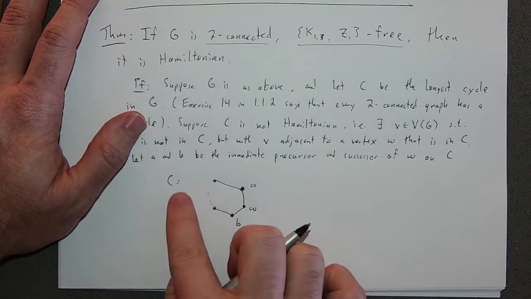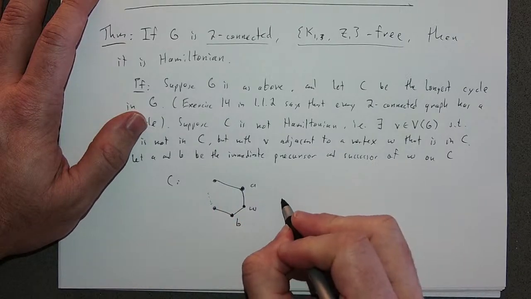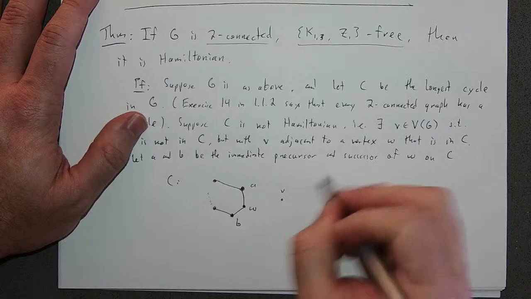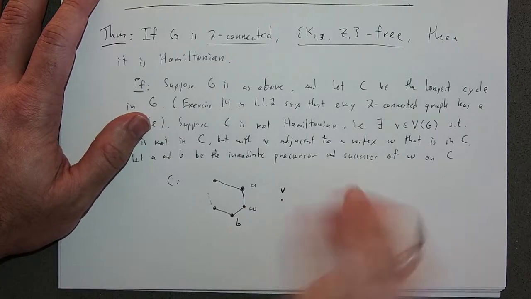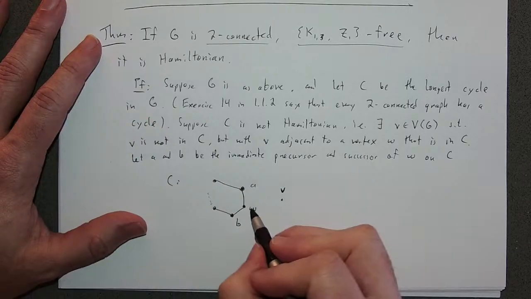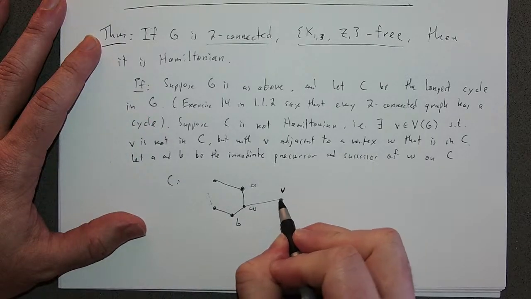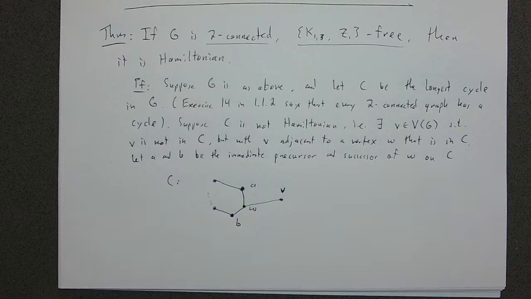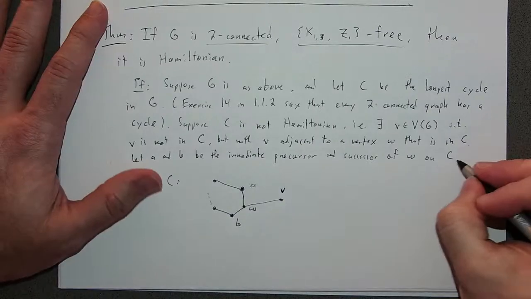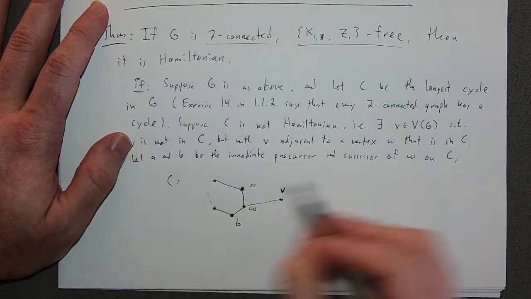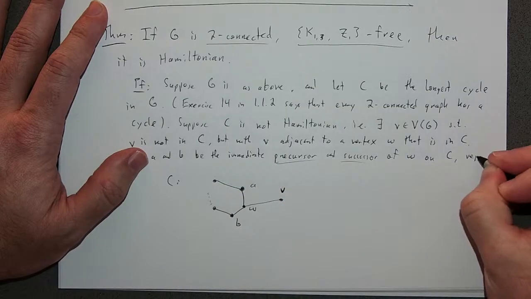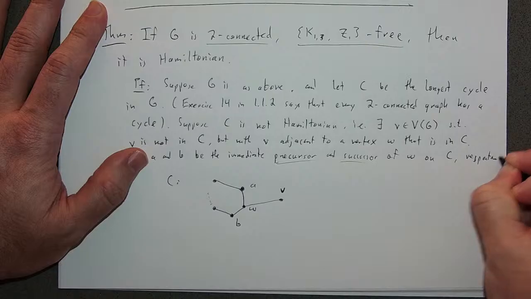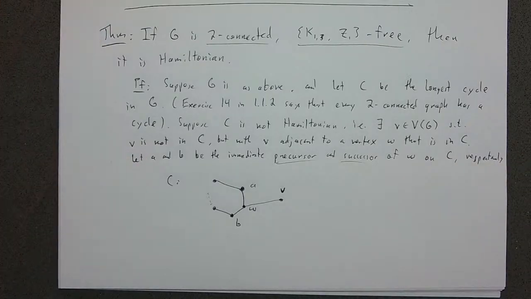And so here's my cycle C, my vertex V, which may be connected to other vertices in G, of course, but I'm not purporting that what I'm drawing here is a complete graph of G, but there is at least adjacency between V and W. And so we call A the immediate precursor and B the immediate successor on C respectively of this vertex W.